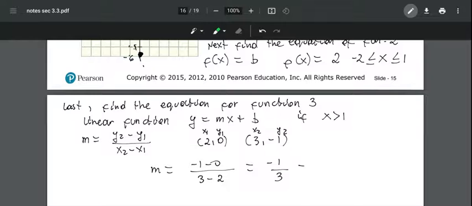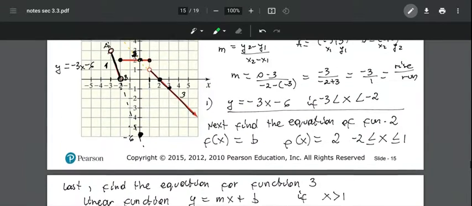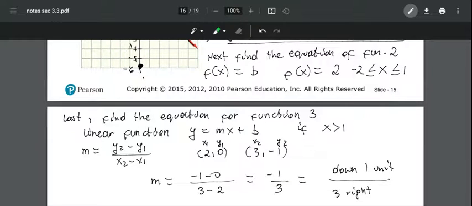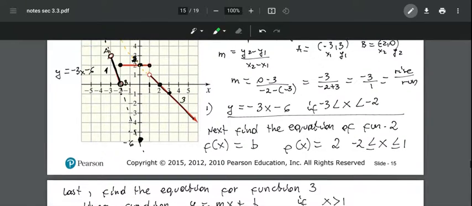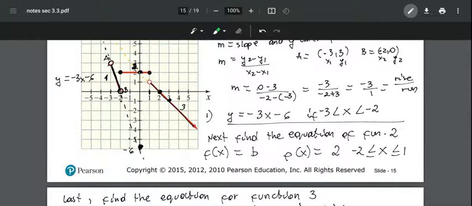To find the y-intercept, I will go down 1 unit, 3 to the right, or you can do the opposite: go up 1 unit and 3 to the left. We know the slope, I need the y-intercept. It doesn't make sense to go down 1 unit and 3 to the right to find the y-intercept. I see that the y-intercept will be somewhere here.